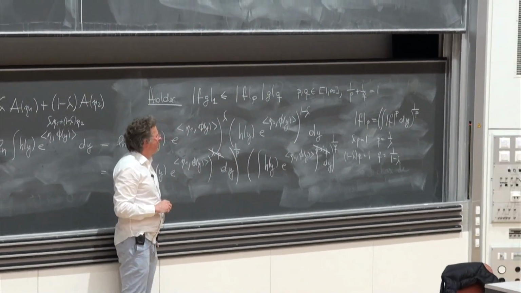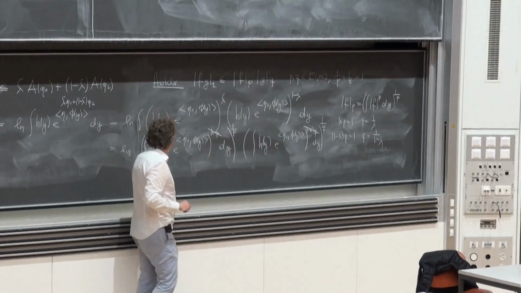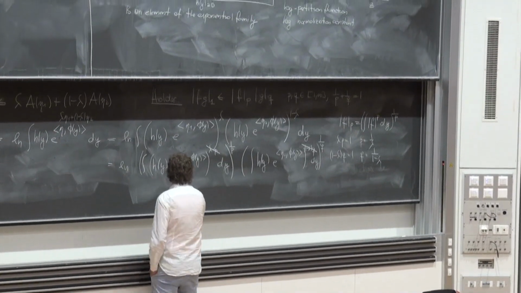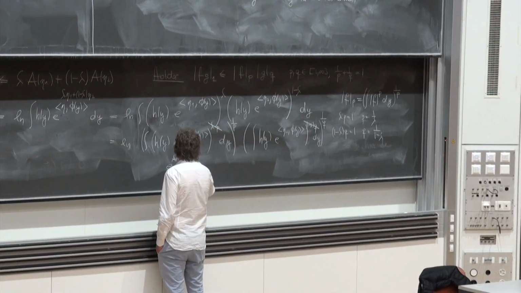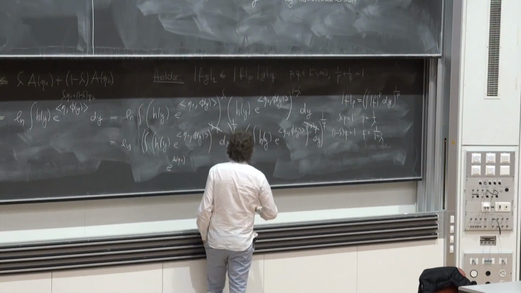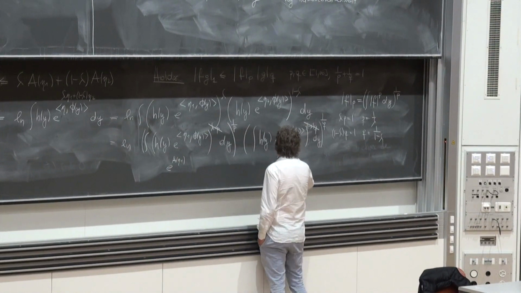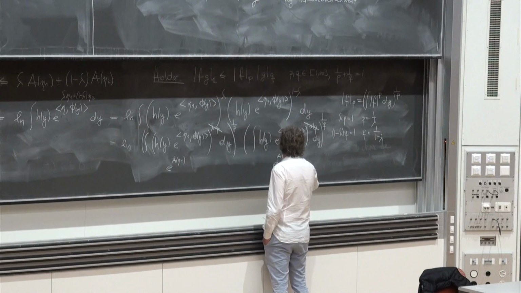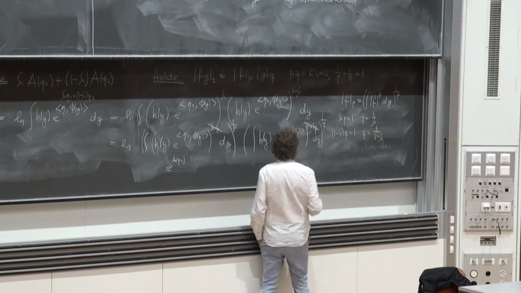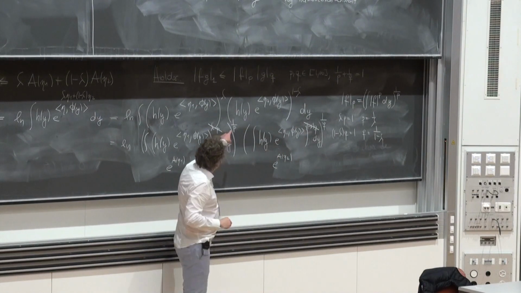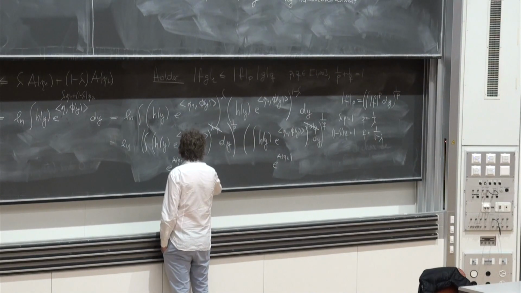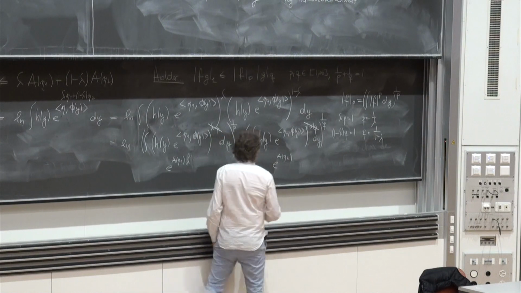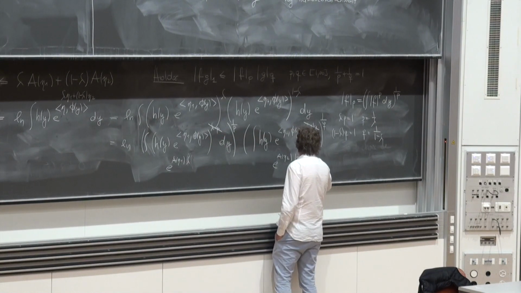This thing here we recognize as just being e to the a of eta 1. This thing here is just e to the a of eta 2. But then you still have a 1 over p here, but 1 over p is just lambda, and 1 over q is just 1 minus lambda.